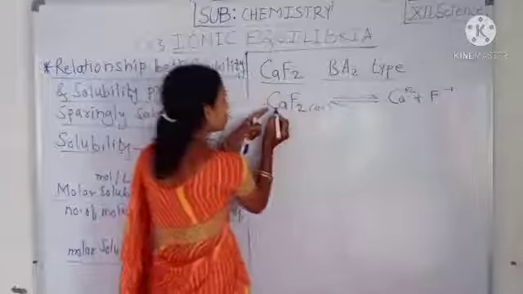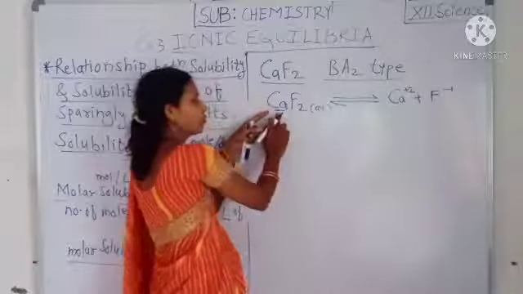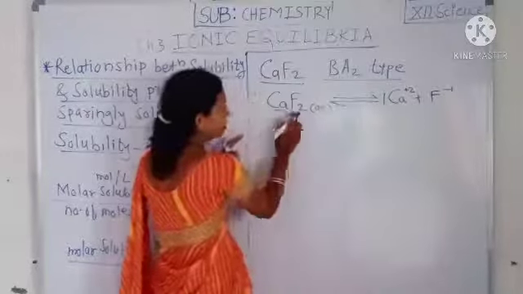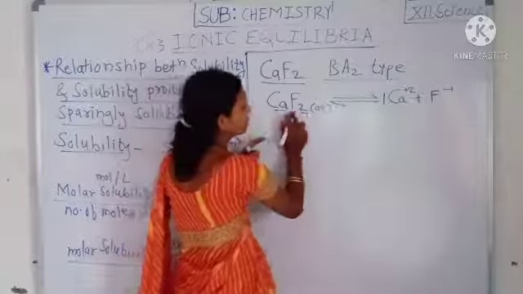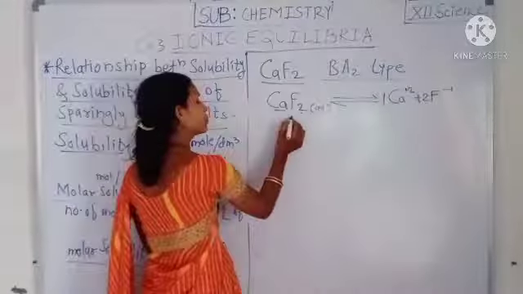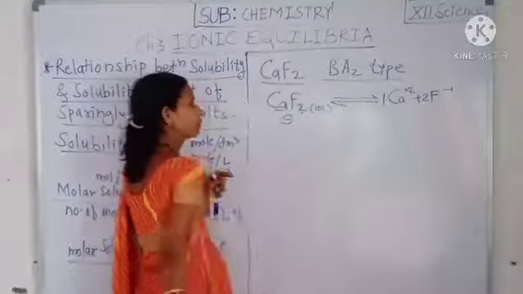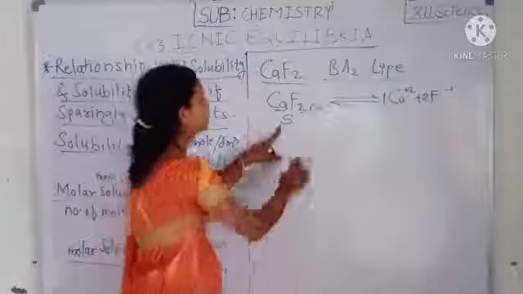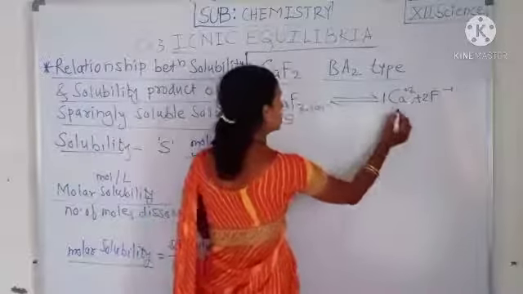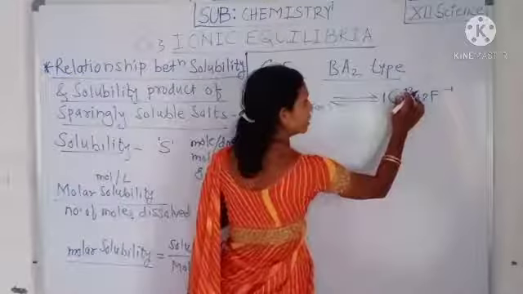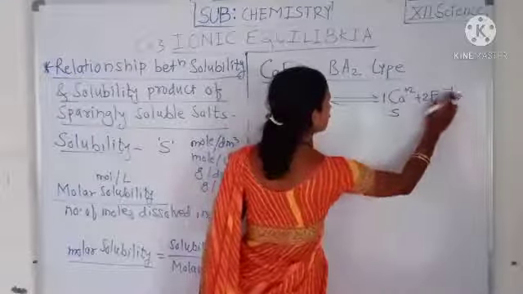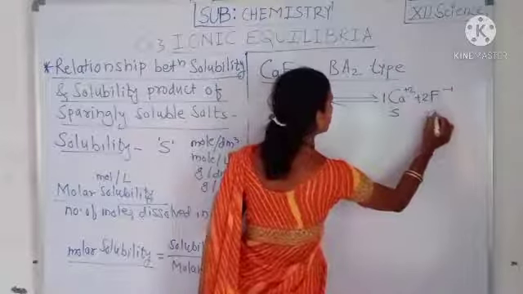The number of moles of Ca2+ is 1 and the total number of F- ions is 2. If the solubility of CaF2 is S, then the solubility of Ca2+ ion is S mole per liter and the solubility of F- ion is 2S.